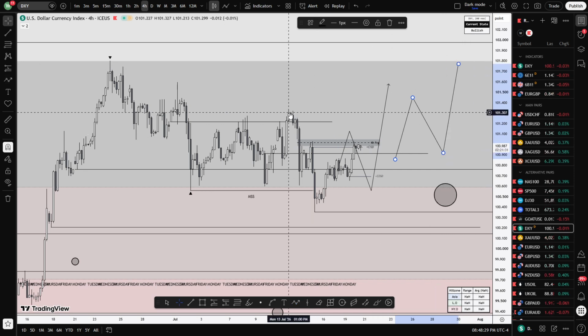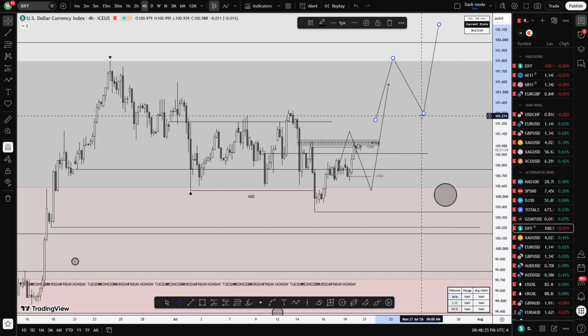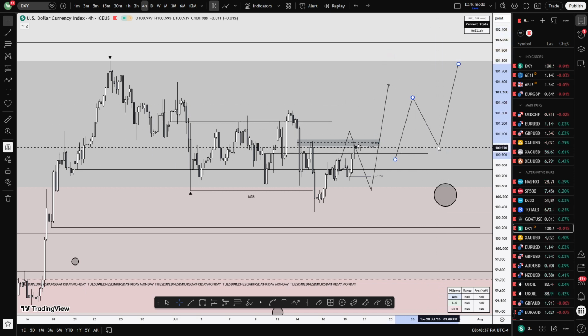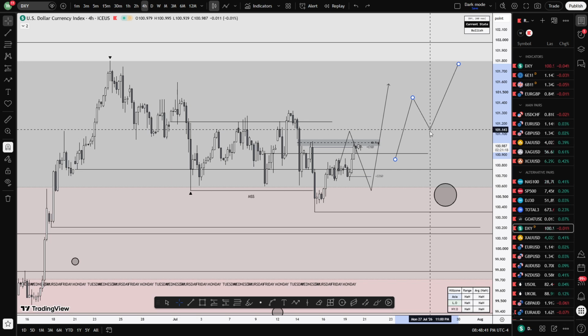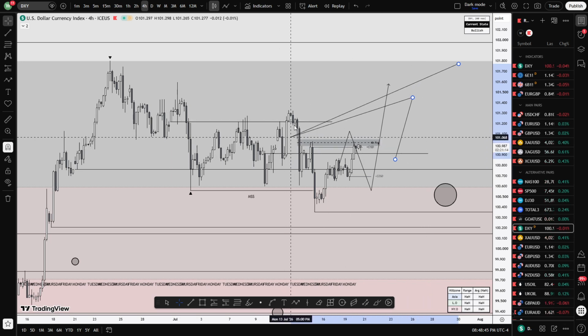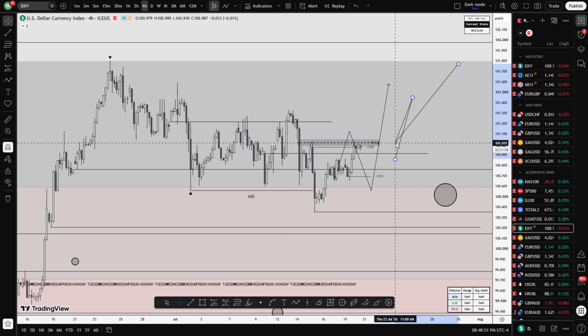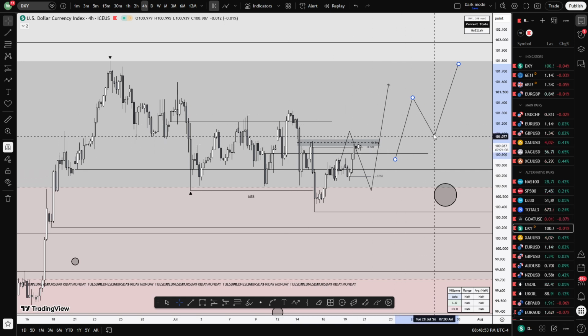And mind you, if price closes above this high, we might not get a deep pullback, right? We might not get a deep pullback. We might just get a tag of this zone here, right? We might just get a tag of this zone and then continue higher, right?